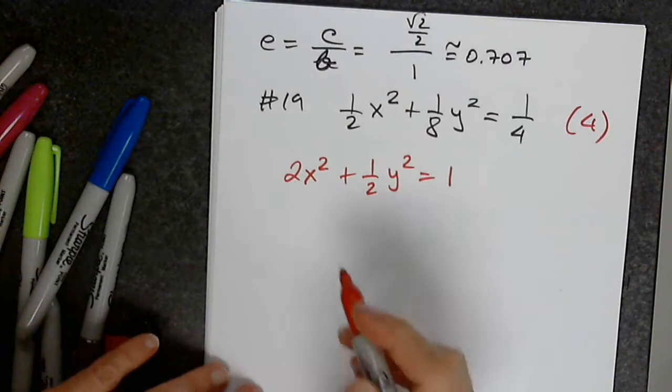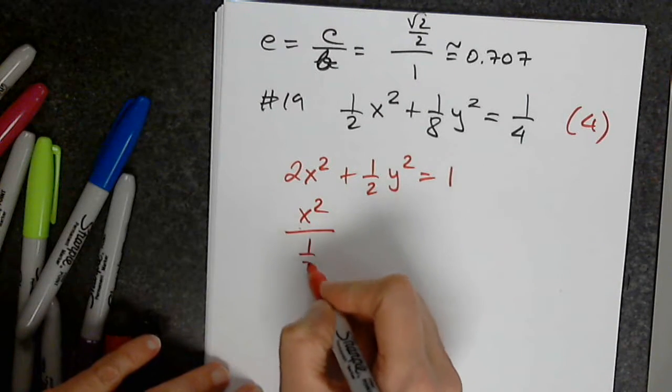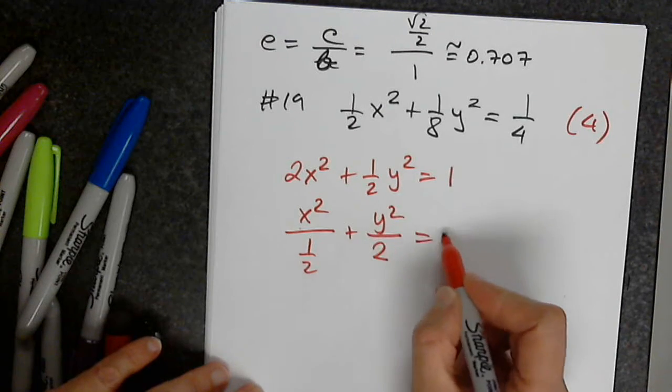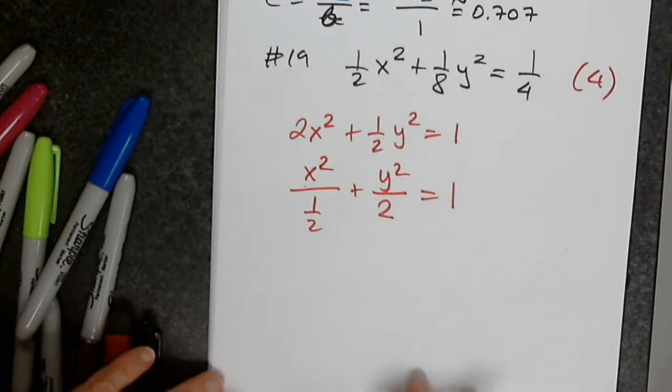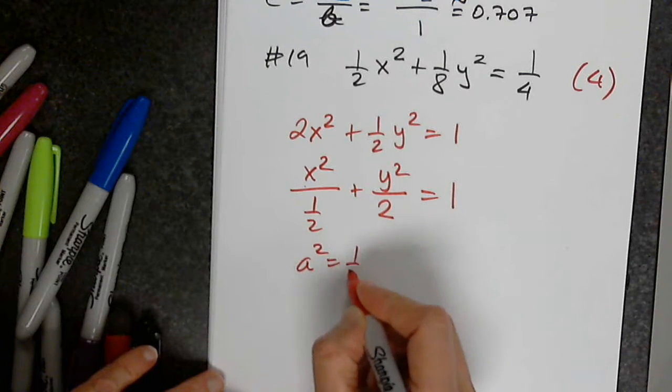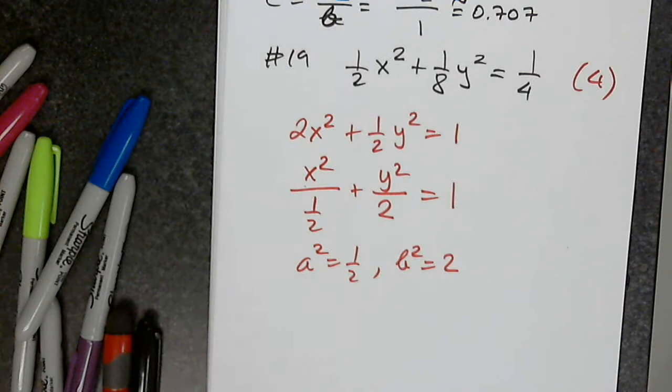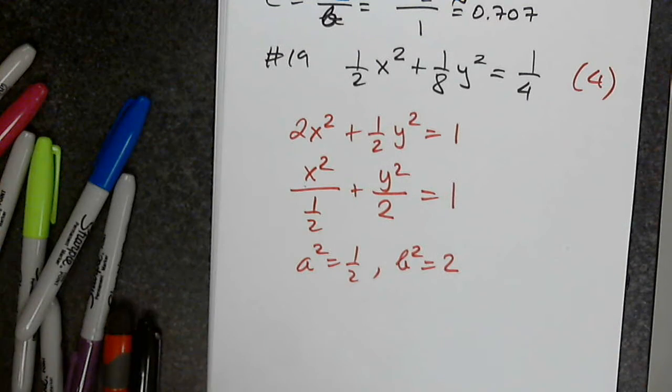Yes? I will employ the same trick one more time. I cannot do anything here. This has to stay as is. So then I have a squared equals 1/2, and I have b squared equals 2. Therefore, is this ellipse on the x-axis or on the y-axis? Yes, it is again on the y-axis.